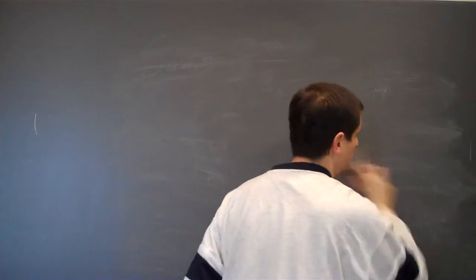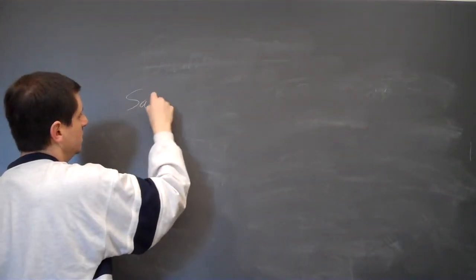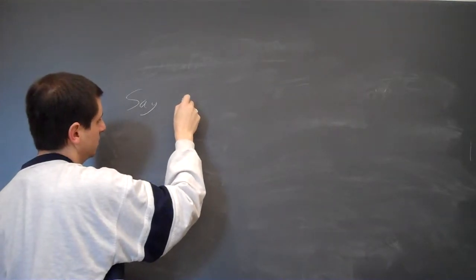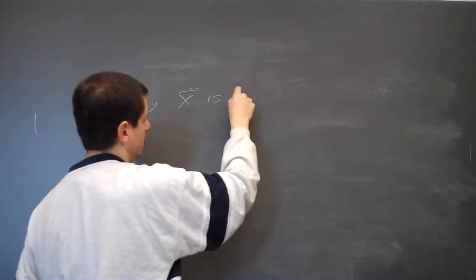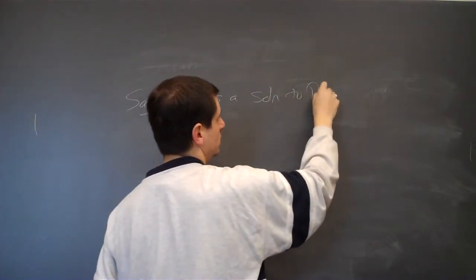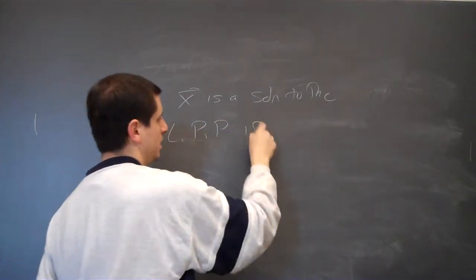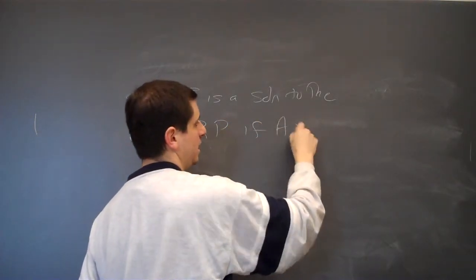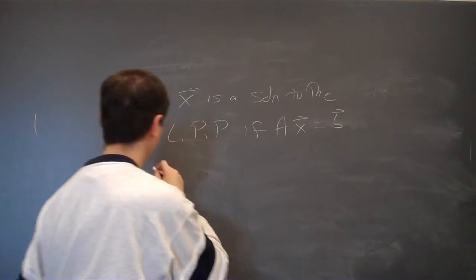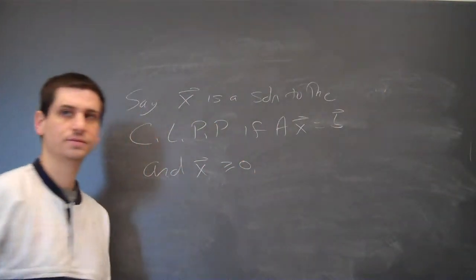So I'm not even going to write down any of the details, but we say X is a solution to the canonical linear programming problem if AX equals B and X is greater than or equal to 0.